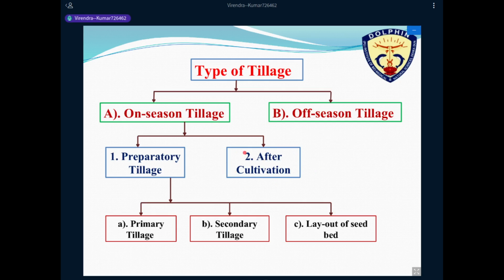So by this practice, mostly we provide favorable conditions for the proper growth of plants. By this practice, irrigation becomes very easy, and we can apply irrigation water uniformly all over the field, and this practice is also helpful in top dressing or side dressing of the fertilizer and uniformly incorporating the fertilizer all over the field.